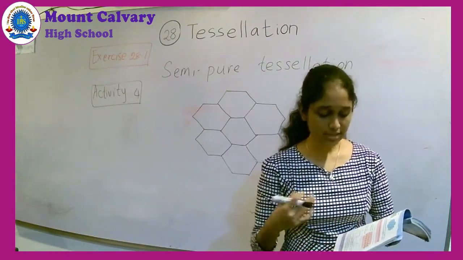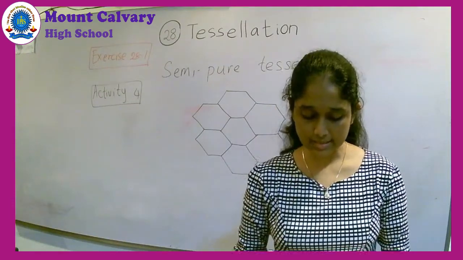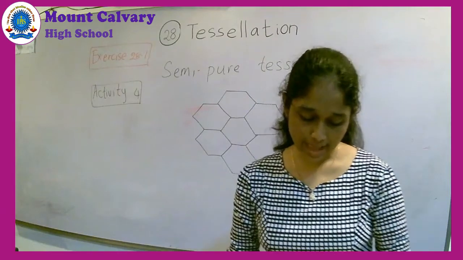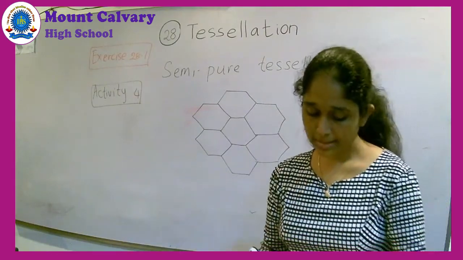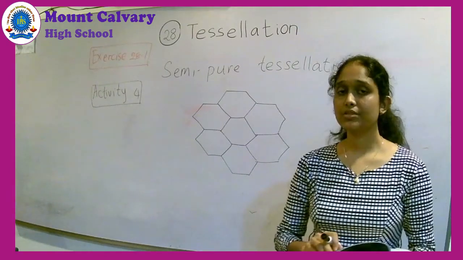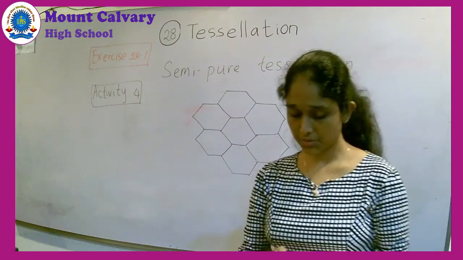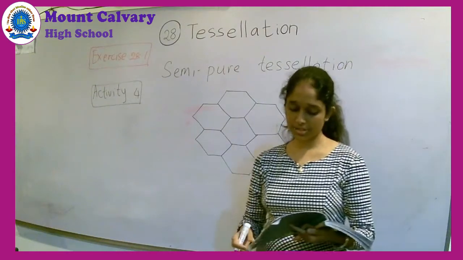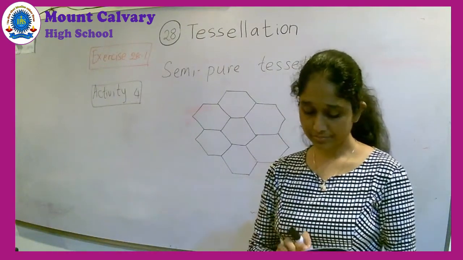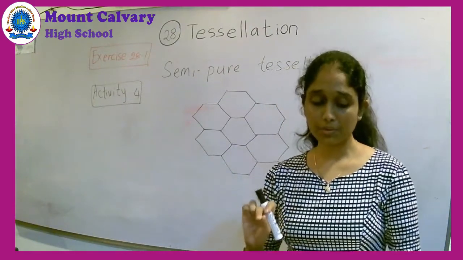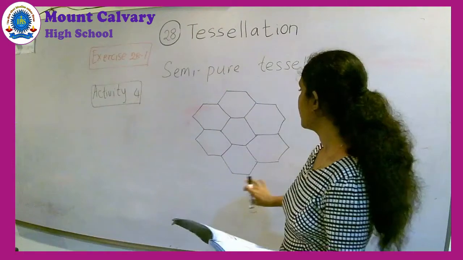So create another tessellation using triangles and quadrilaterals and paste it in your exercise book. First, observe this one, check it carefully. Then you have to create another creation like this, as an example for semi-pure tessellation.